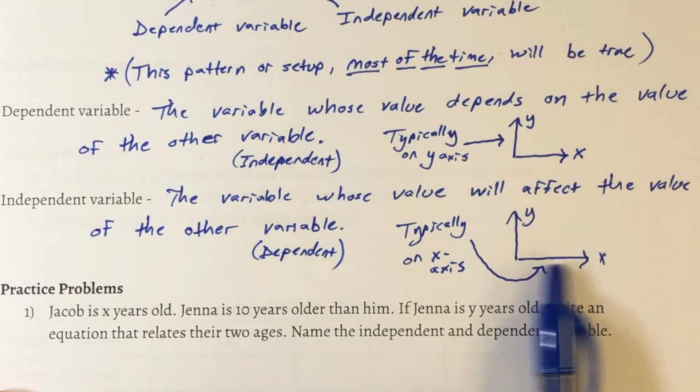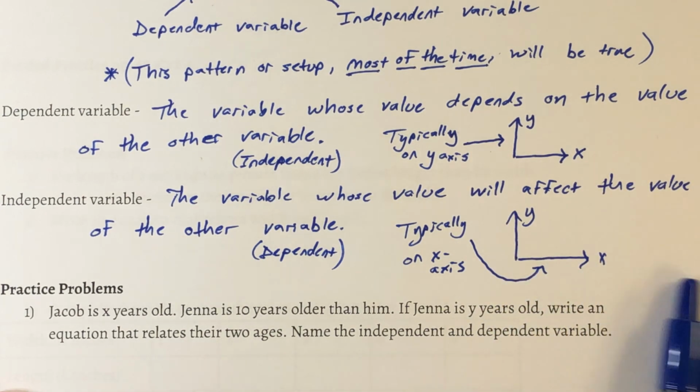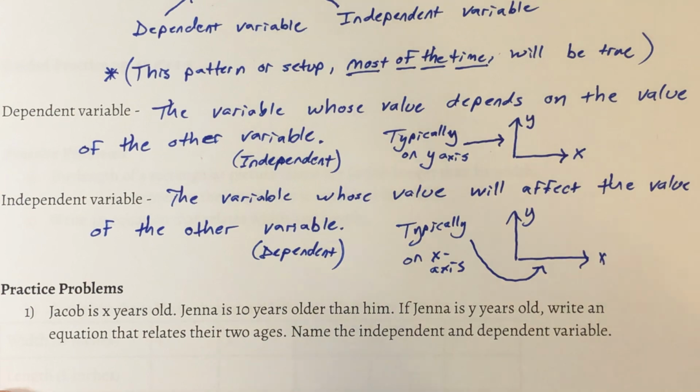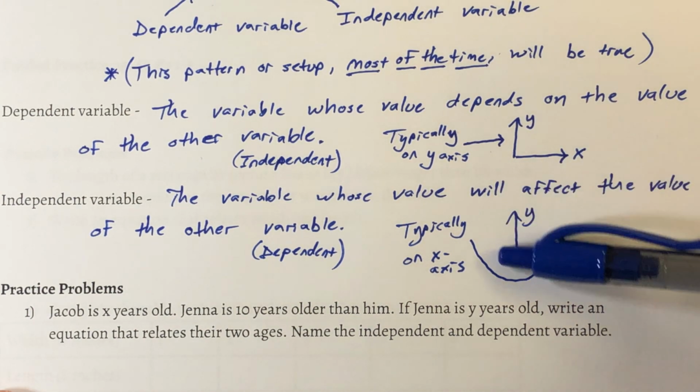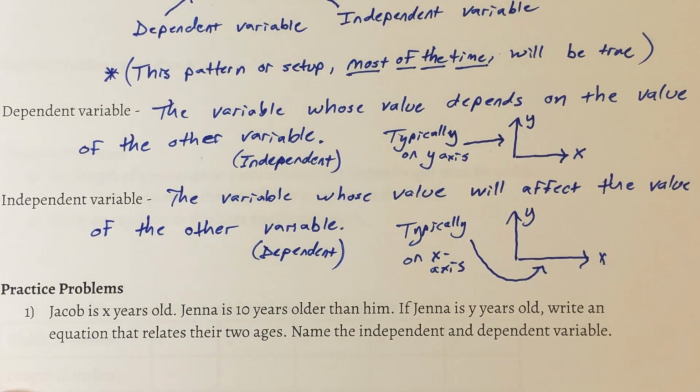So, independent, the variable that you typically manipulate in an experiment or some type of situation, your dependent goes on your y. So these values will depend on these values.